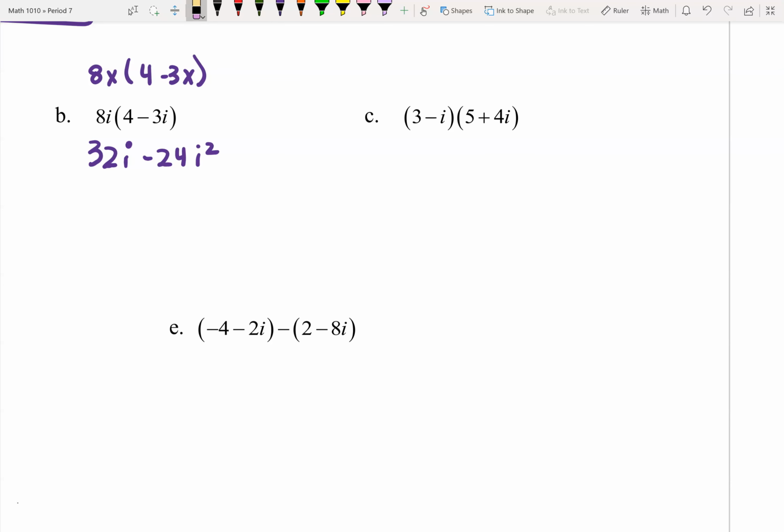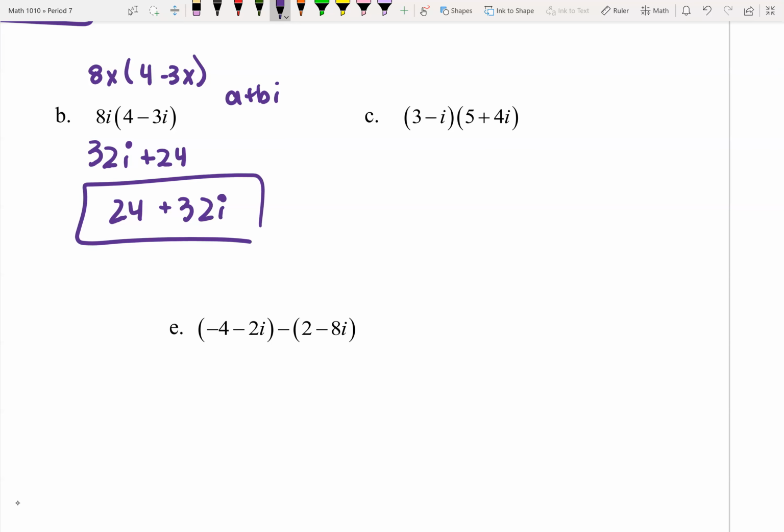Is that negative 1 subtracted from the 24 or is it multiplied? It's multiplied. So take your eraser and get rid of the i squared. And then what would I do? What's the i squared going to do? Change the sign of the 24. Yeah, negative times a negative is a positive. And let's write this as a plus bi. So you would write it as 24 plus 32i, and that's your answer.